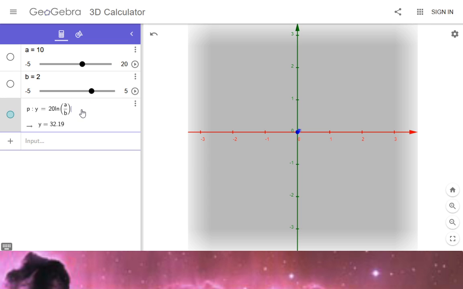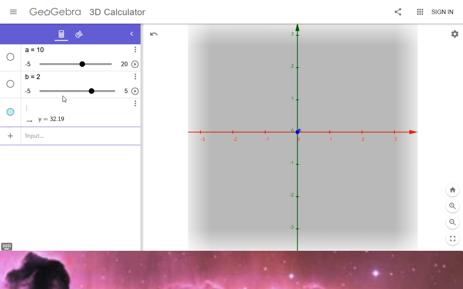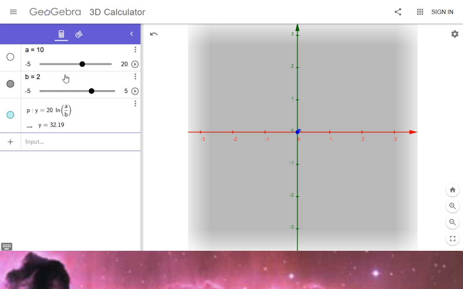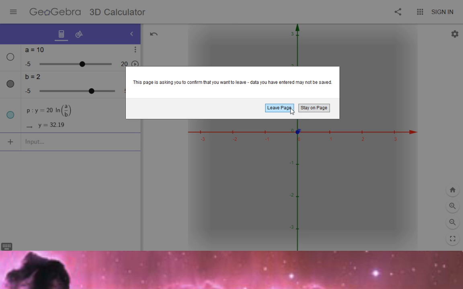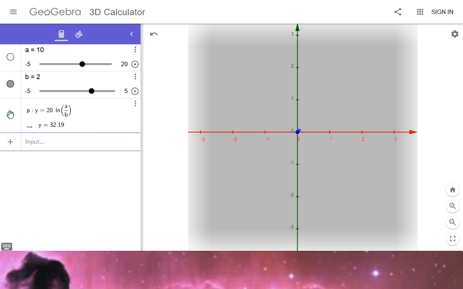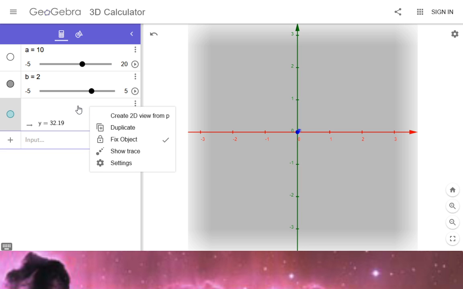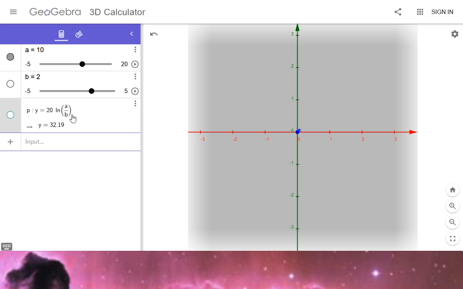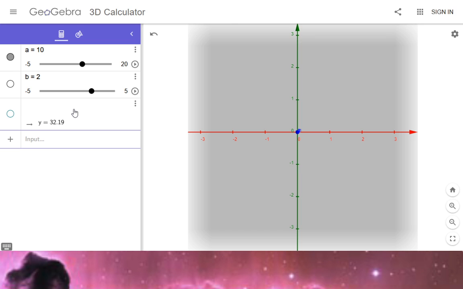I don't quite understand how to use this program because I haven't used it a lot. How do I get rid of this? Oh, these are individual. Oh, that shouldn't be that way.